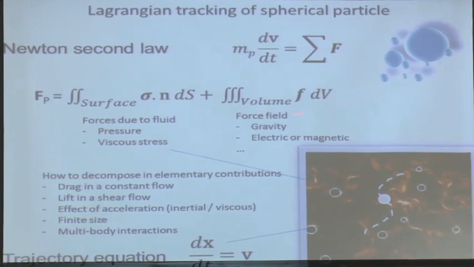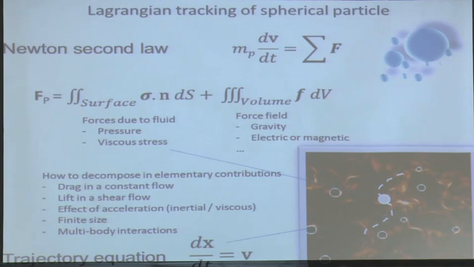And then you have to do the same for the forces which are proportional to the volume. So F is a force density, so it's a force divided by the volume. If F is constant, like gravity, it's very simple. You can just take it out of the integral, and then you have F multiplied by the volume of the particle.